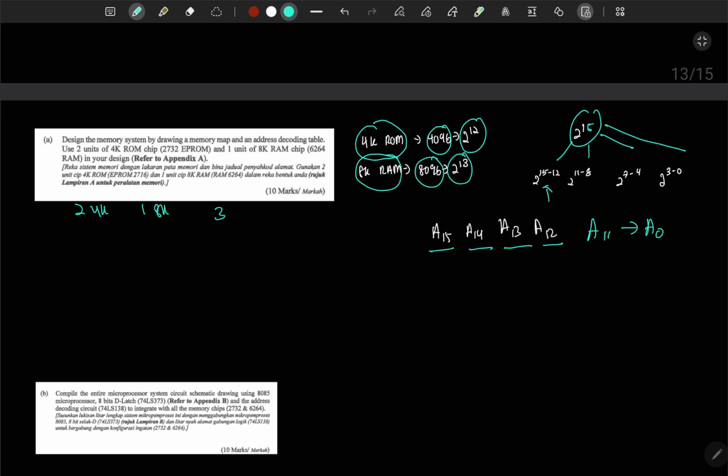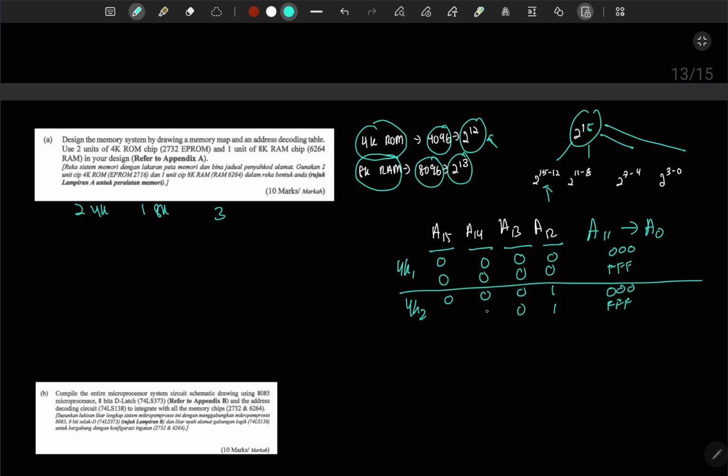The highest that we could get is 2 power of 12, which means that for the first 4K ROM, the upper nibble will be 0, and this will result in 0000 till 0FFF. Now for the 4K2 we will be having 1000 till 1FFF.